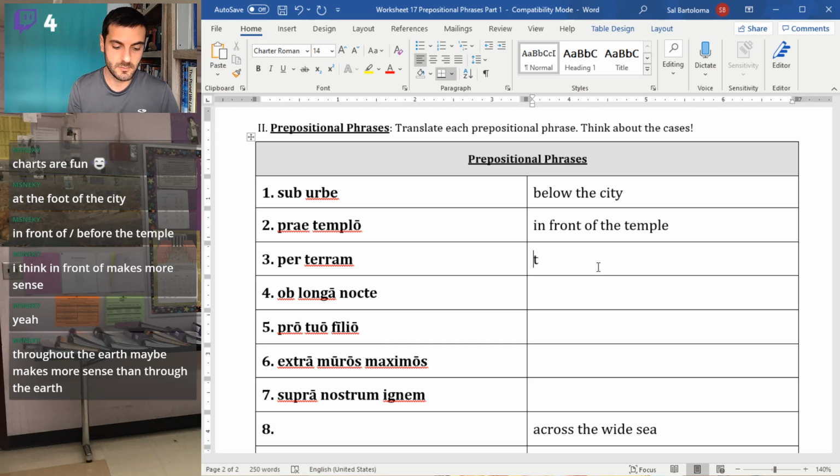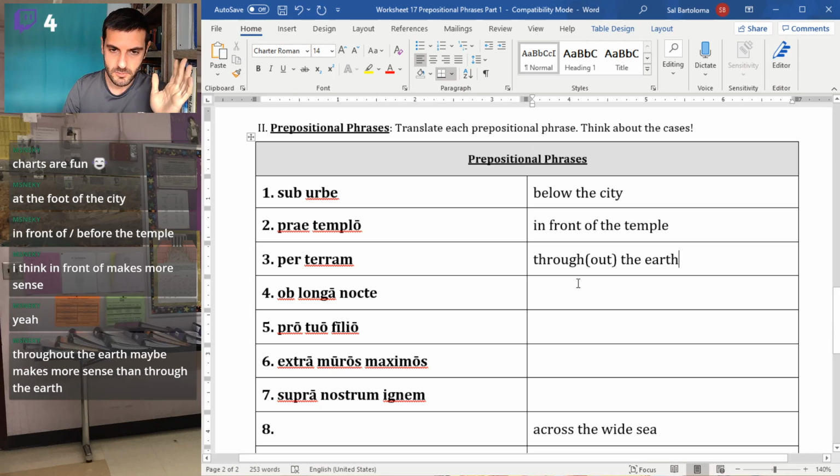So we need a little context, but through or throughout the earth. If you're thinking of it in the sense of somebody is known per terram, throughout the world, you could think of it that way. Typically, when they're talking about the world, you would use orbem, the round thing. That's what they call the world. Or mundum, like el mundo in Spanish. So again, we're translating these out of context, so we can kind of play around with it a little bit.